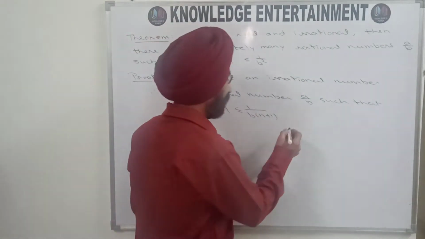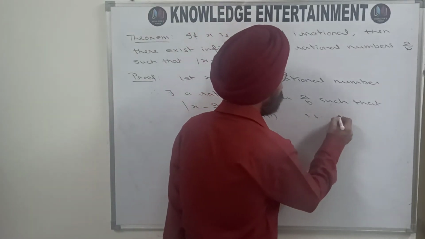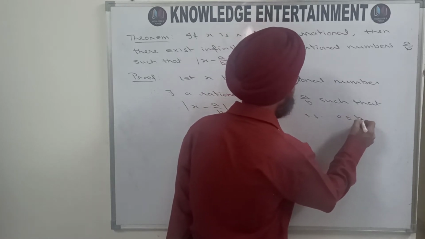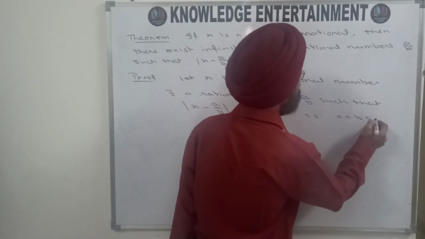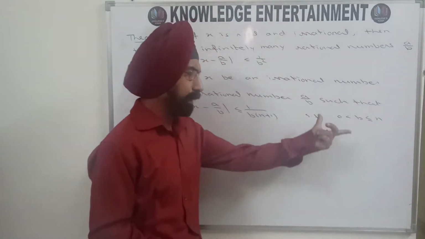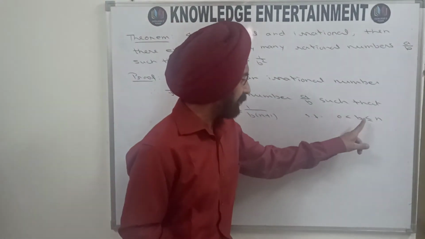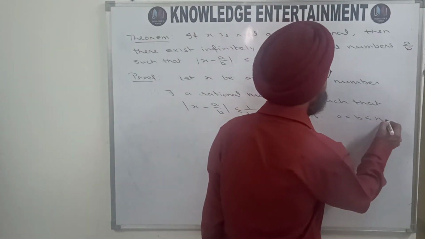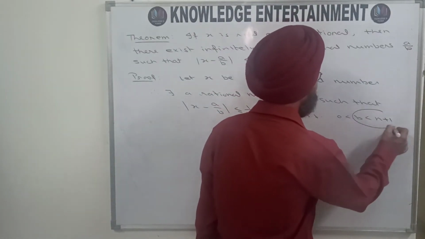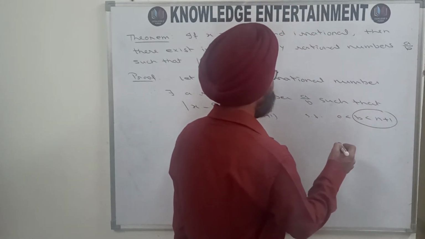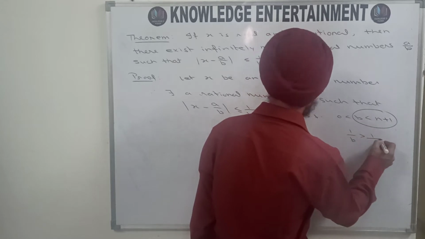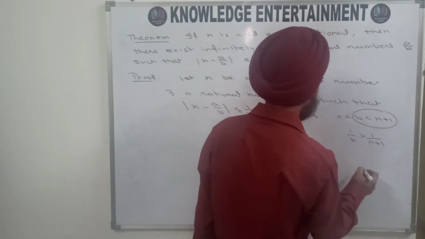Such that 0 is less than b is less than or equal to n, if I am right. So b is less than or equal to n means b is strictly less than n plus 1, and by taking reciprocal, 1 upon b is greater than 1 upon n plus 1.